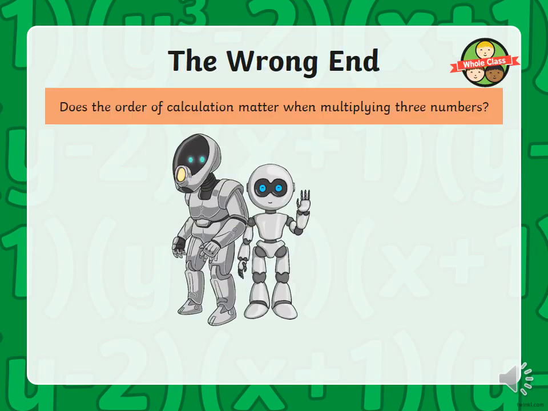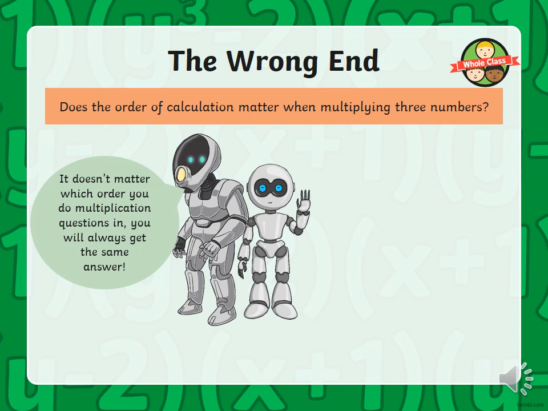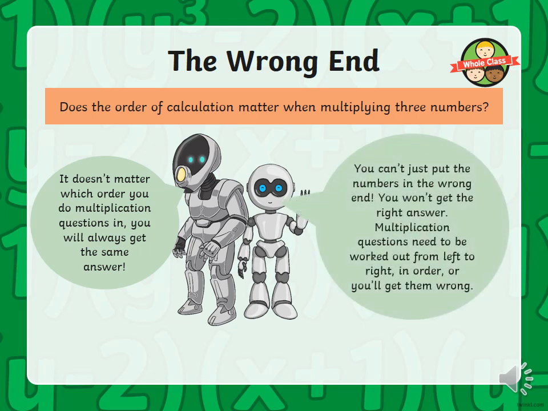Okay, so does the order of the calculation matter when multiplying three numbers? Robot A says it doesn't matter which order you do multiplication questions in, you'll always get the same answer. Robot B says you can't just put the numbers in the wrong order, you won't get the right answer. Multiplication questions need to be worked out from left to right in order, or you will get them all wrong.